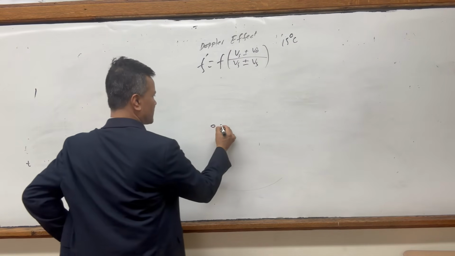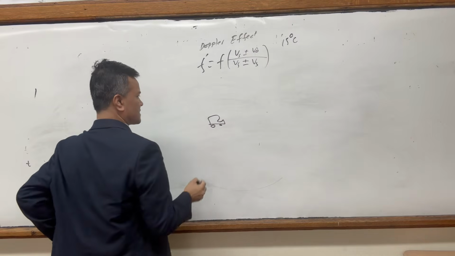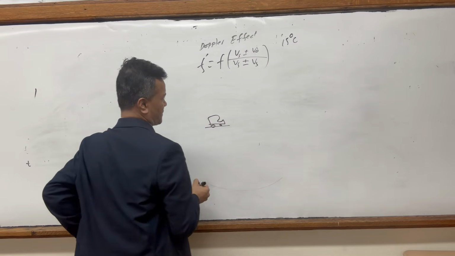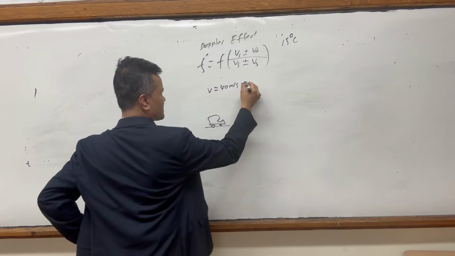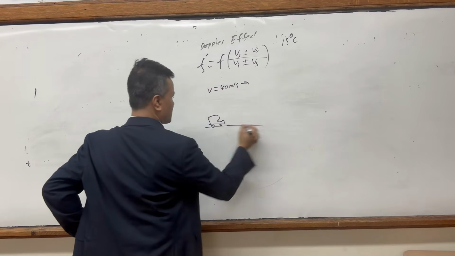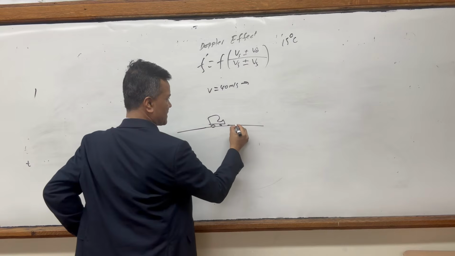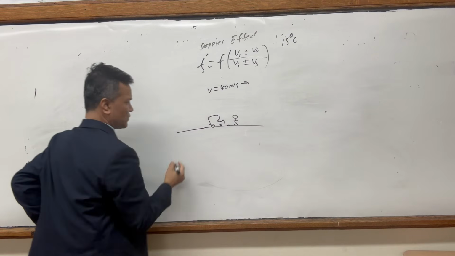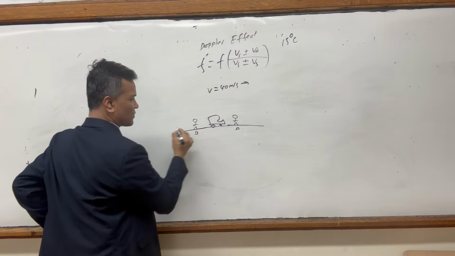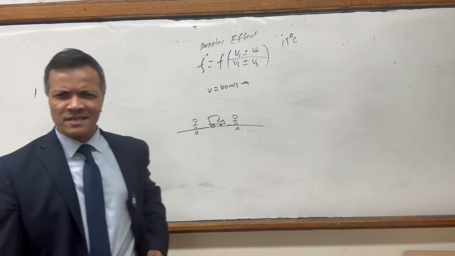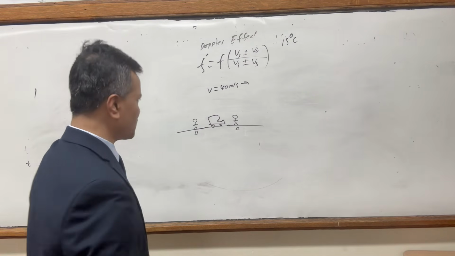Let's put a truck driver, a very romantic truck driver. And what the truck driver does, he moves with 40 meters per second in this direction. And there are two people on the road. One person is at location A, one person is at location B. Location A will experience high pitch. Why is that?